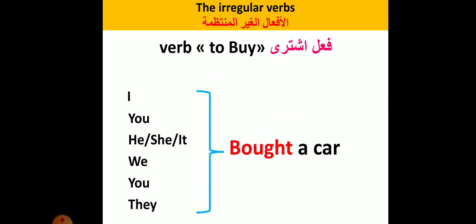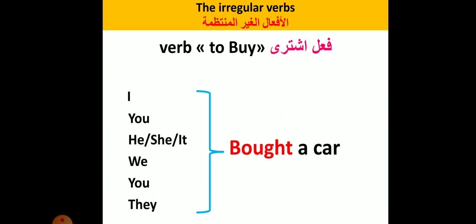I, you, he, she, it, we, you, they bought a car. Okay, I bought a car, you bought a car, he, she, it bought a car, we bought a car, you bought a car, and they bought a car.